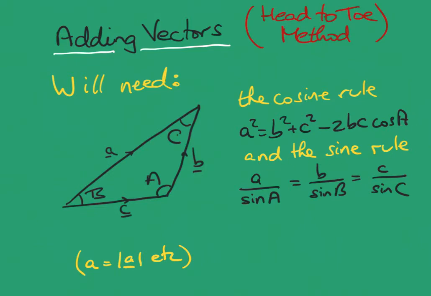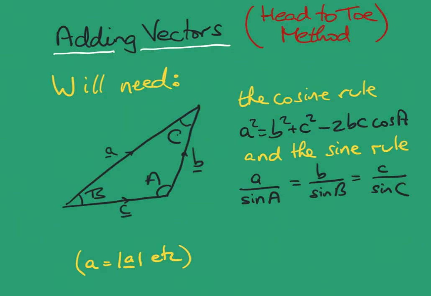The sine rule tells you that you take the length of a side of the triangle, divide it by the sine of the angle opposite, and that's the same for all three permutations. So little a over sine capital A is little b over sine capital B is little c over sine capital C. And again, in terms of units, this is newtons divided by a number, three times.